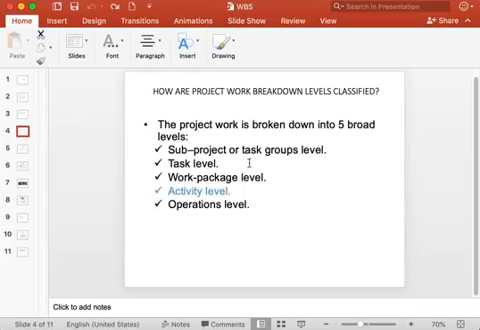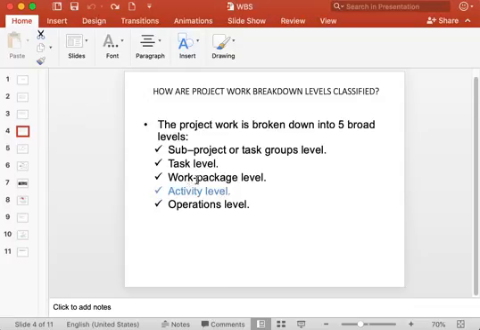Below that is the task level, then each activity in the task level is broken down into what is called work package, and the level at which the work packages are identified is called work package level.